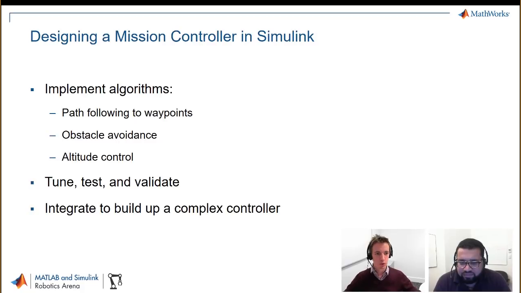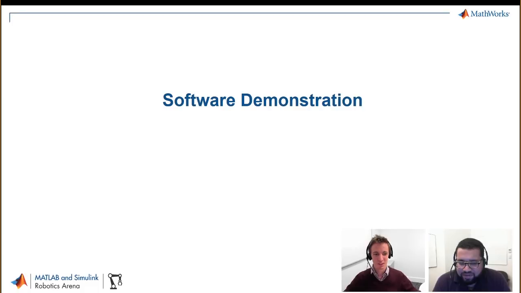Also, we implement an obstacle avoidance algorithm, and also an altitude control algorithm. Then using Simulink, we'll be able to tune, test, and validate these algorithms as you would do in a model-based design workflow. And then you can integrate those algorithms so that you can build a more complex controller for the mission. Cool. So now let's start the demonstration of the software.